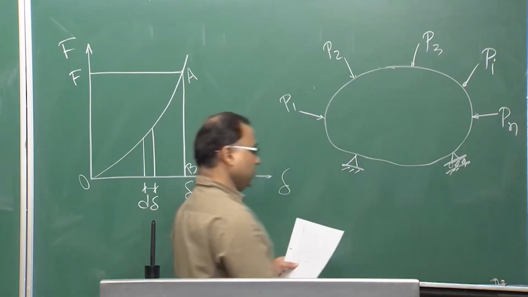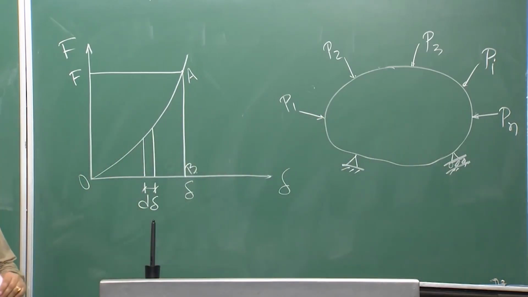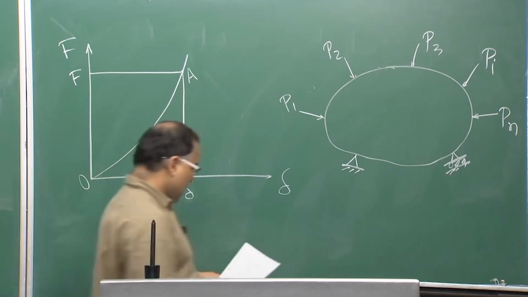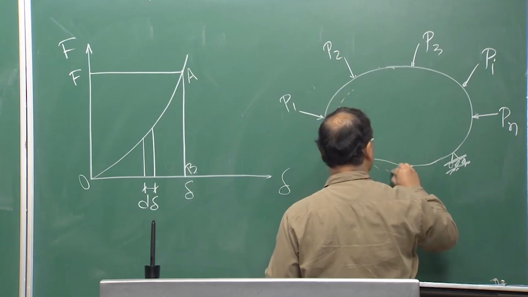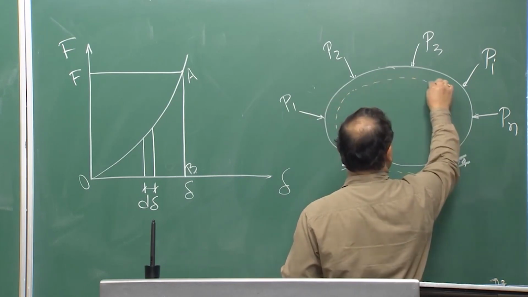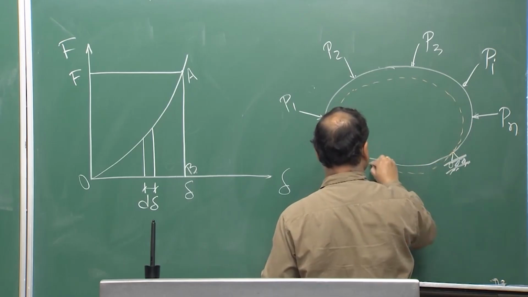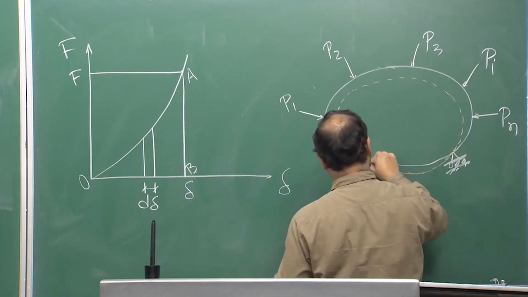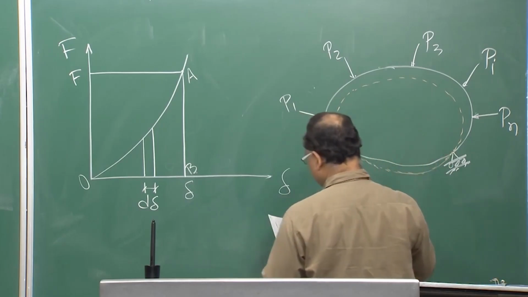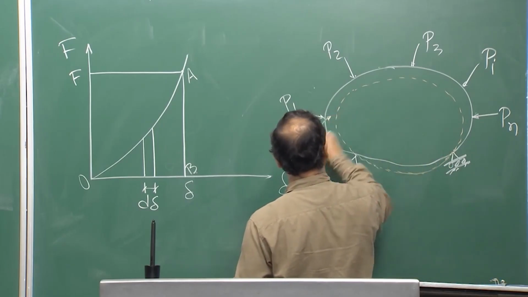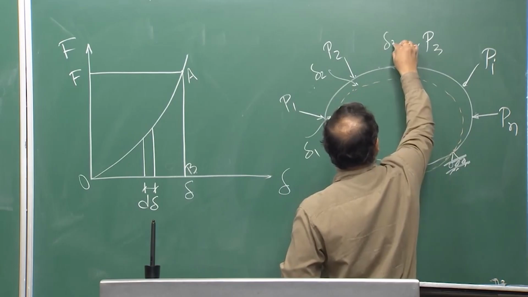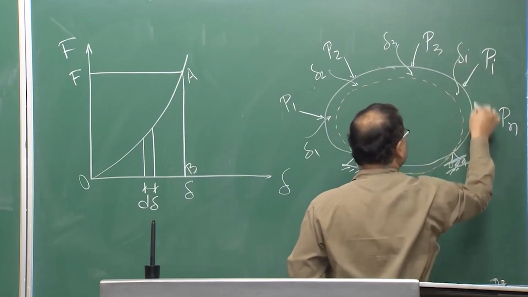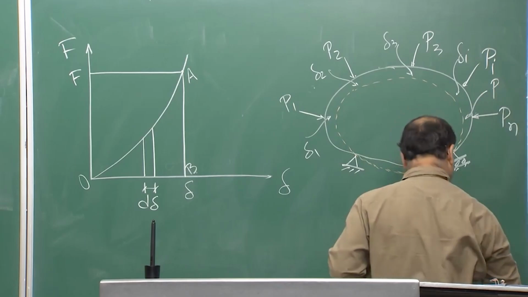You have n number of externally applied forces which are applied on this conservative system, and because of that you are getting the deformation. So, maybe this is your deformed shape, and for P1 you are getting say delta 1, for P2 delta 2, for P3 delta 3, for Pi delta i, and for Pn delta n.